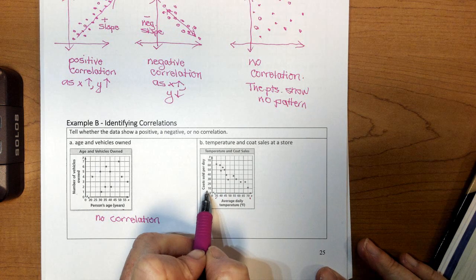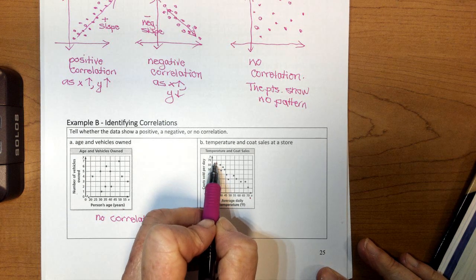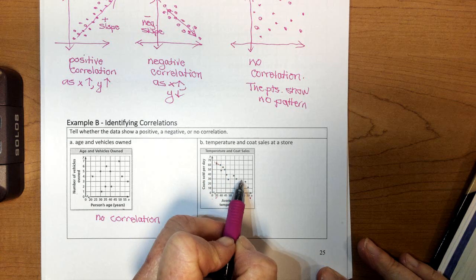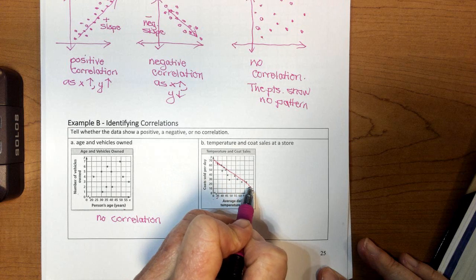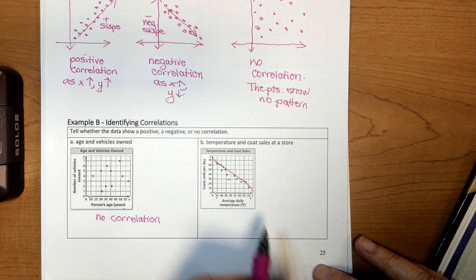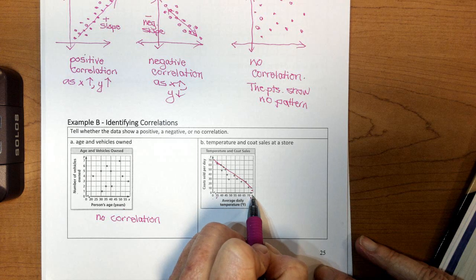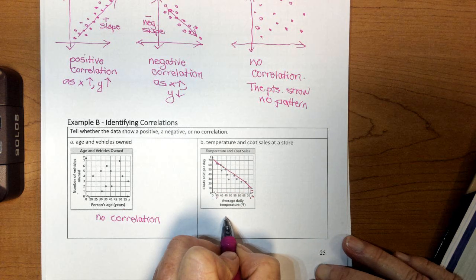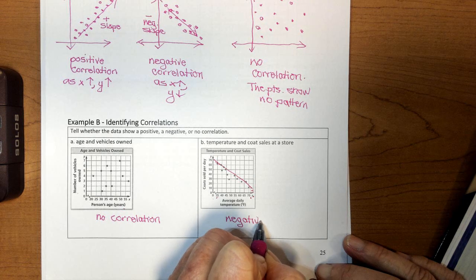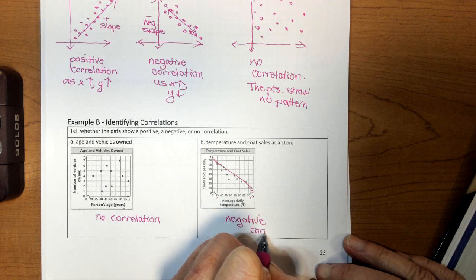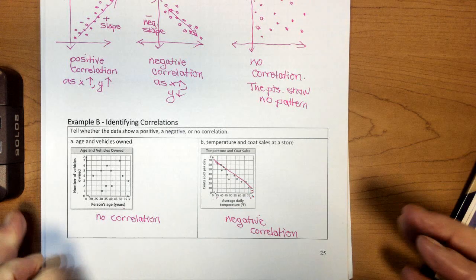So the number of coats sold per day increases as it gets colder and decreases as the temperatures rise. So I can show that as X increases this way, Y is decreasing. Therefore, this is showing a negative correlation. It also, if you look at the picture, the graph is going down.